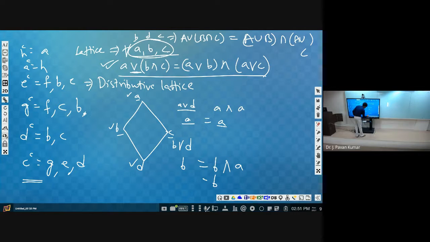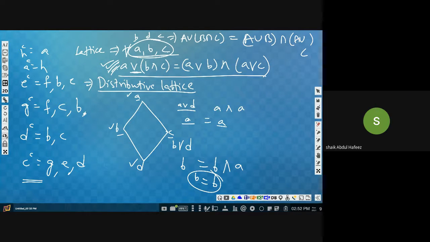So B is equal to B. So it is satisfying for this triple as well. Like this, for every triple, we have to check whether this distributive law is satisfied or not. If for every triplet this is satisfied, then we call such a lattice a distributive lattice. Got it?